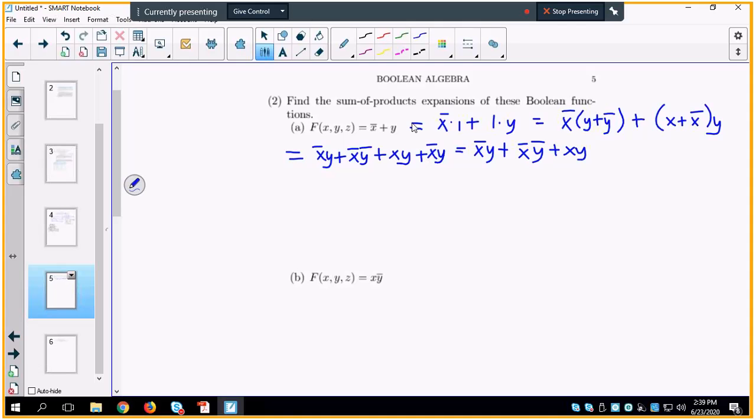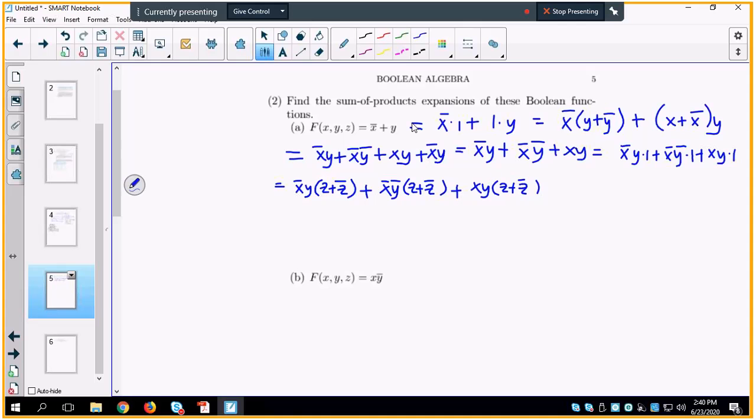Now I need to introduce the variable z to each of them. So I'll write x bar y times 1 plus x bar y bar times 1 plus xy times 1, and replace that 1 by z plus z bar. So this becomes x bar y times z plus z bar plus x bar y bar times z plus z bar plus xy times z plus z bar.